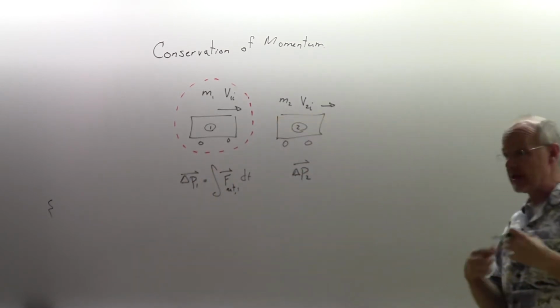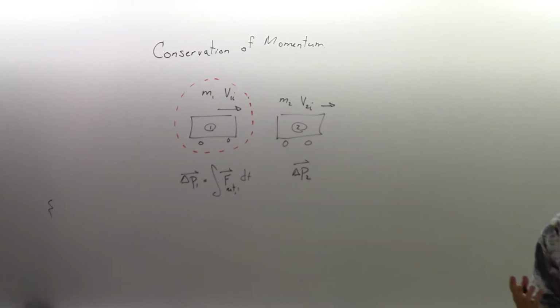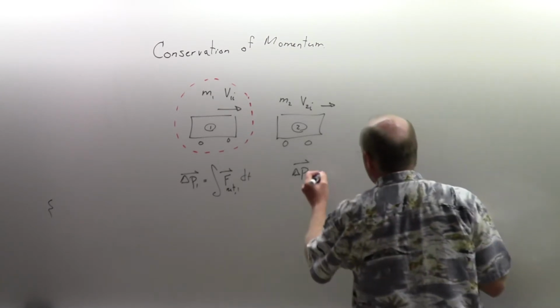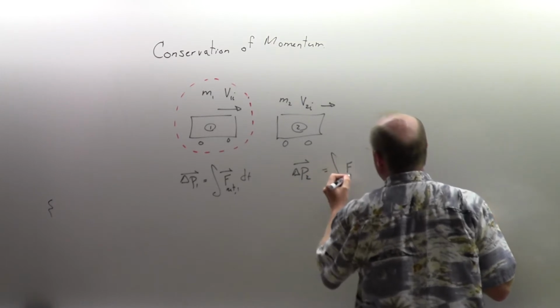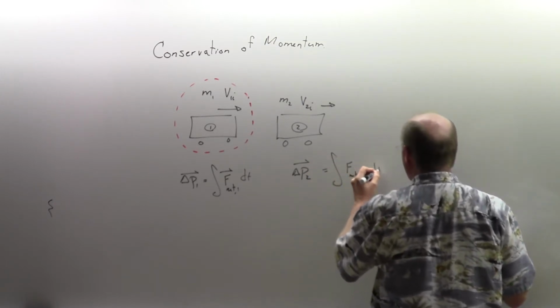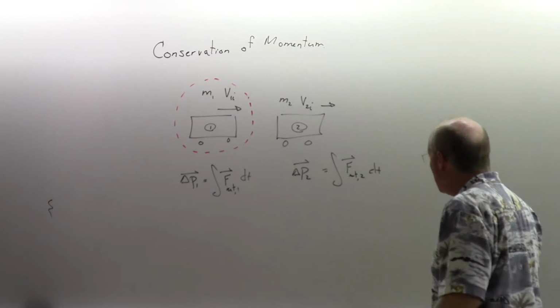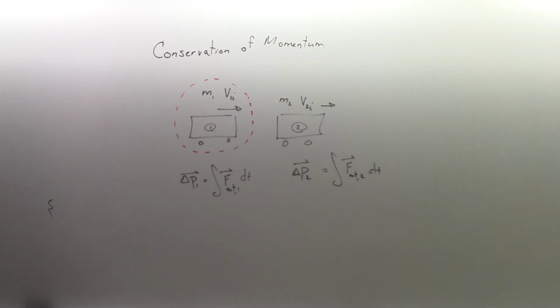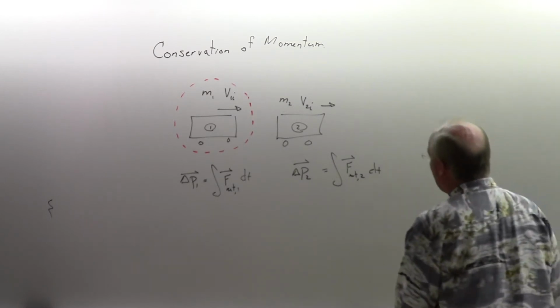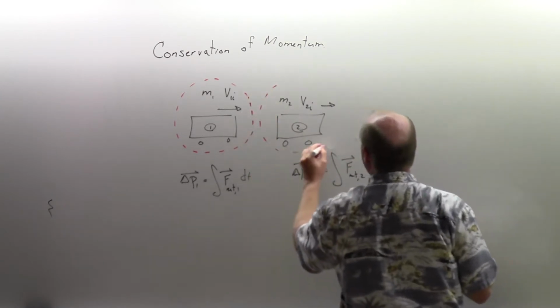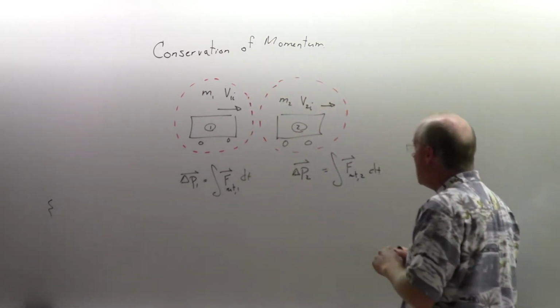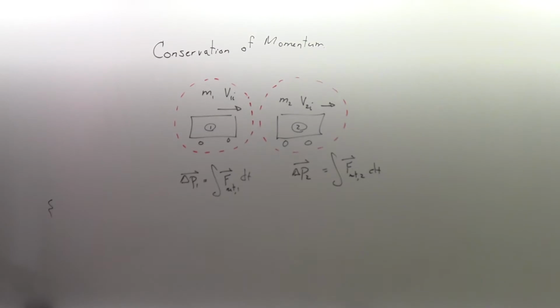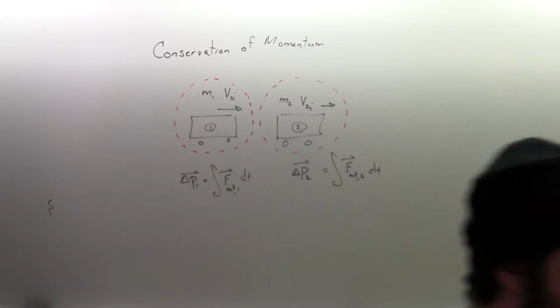But if we were doing the same kind of calculus here on cart number 2, then there would be a net force on number 2, and number 2 would change its momentum. And the same story goes: if I put a dotted line around cart number 2, it would have an external force, coming from cart number 1, and so cart number 2 would change its momentum.